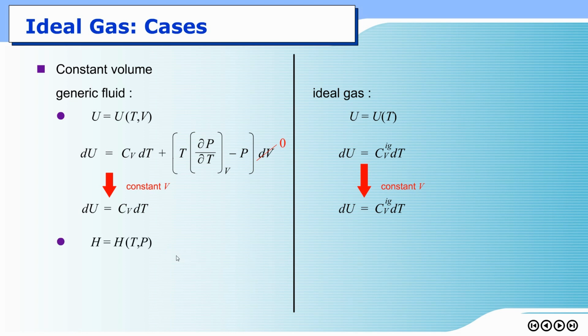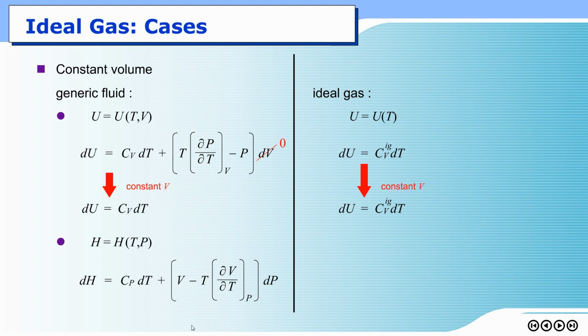For enthalpy, generically, enthalpy can be written like that. Through further derivation, you end up with this equation. But you should notice that on the right hand side, you cannot reduce this equation further under the constant volume condition.